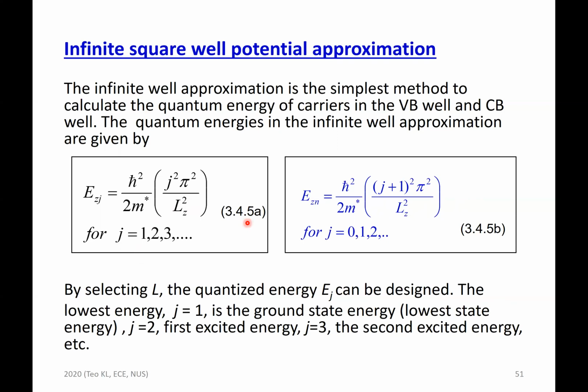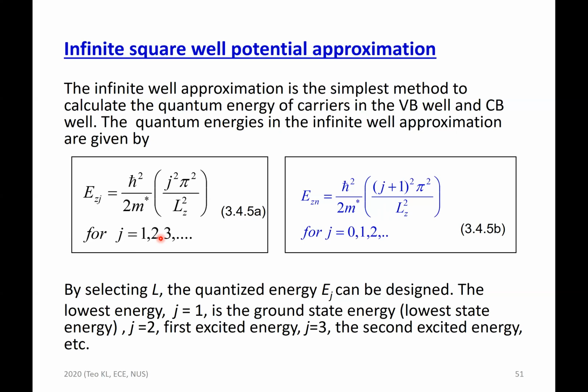And the usual terminology that we use is when j equals 1, we call that the ground state energy, which is the lowest quantized energy state. When j equals 2, we call it the first excited state energy. And j equals 3 is the second excited state energy.